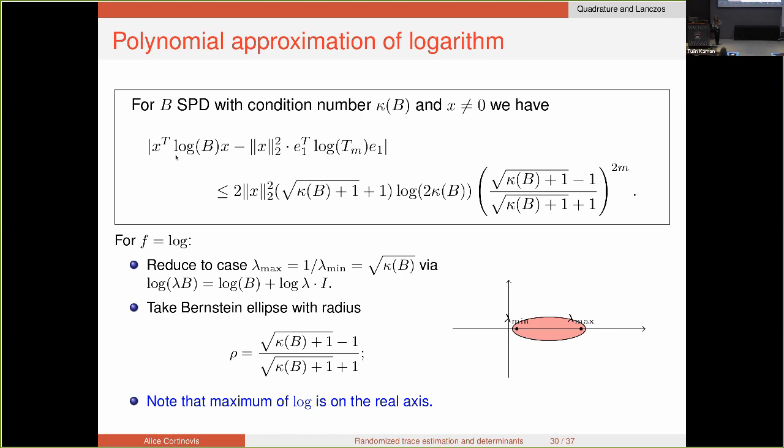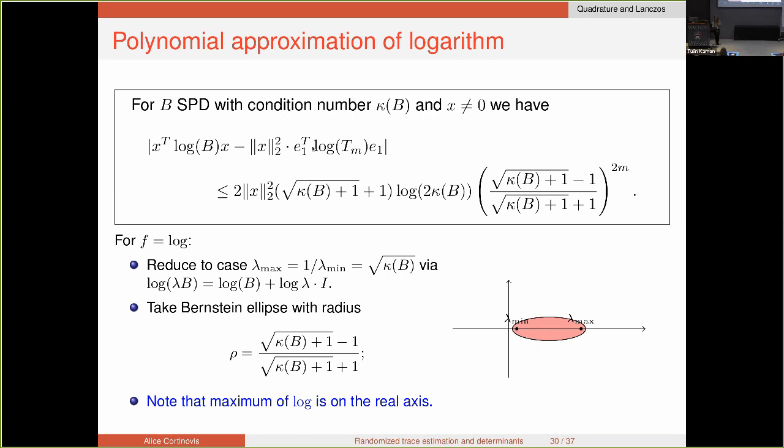And what you get is a convergence result for X transpose logarithm of B times X by this approximation. So this is what we want to compute, and this is what we get via Lanczos.